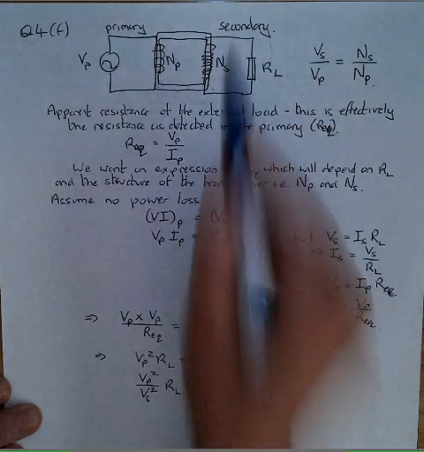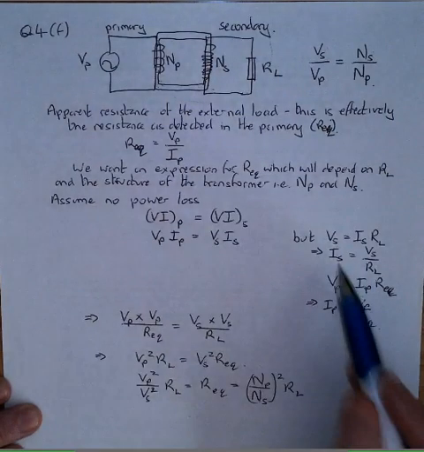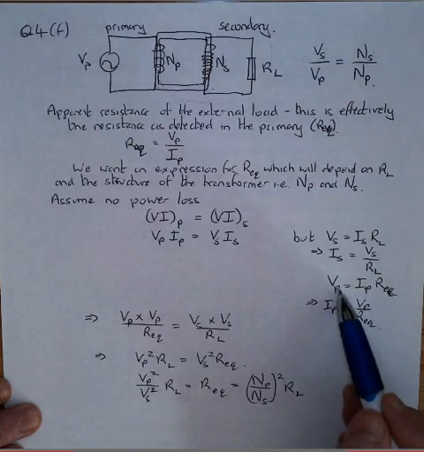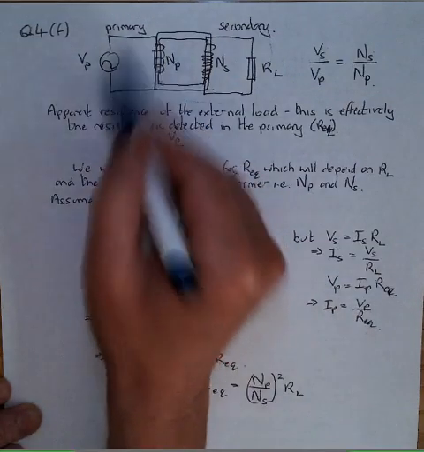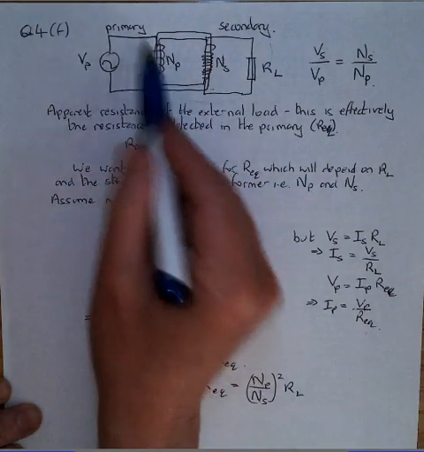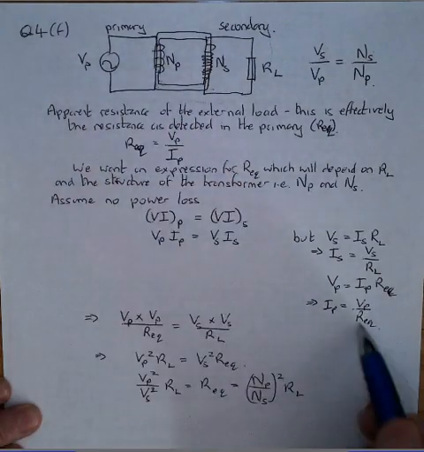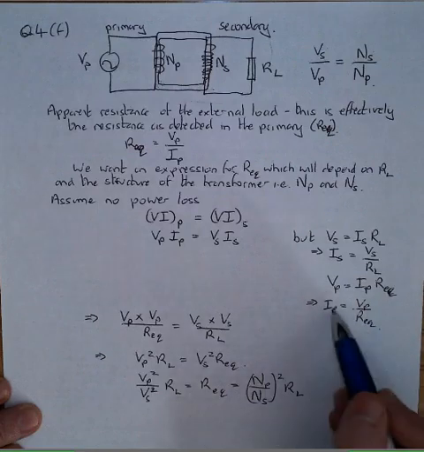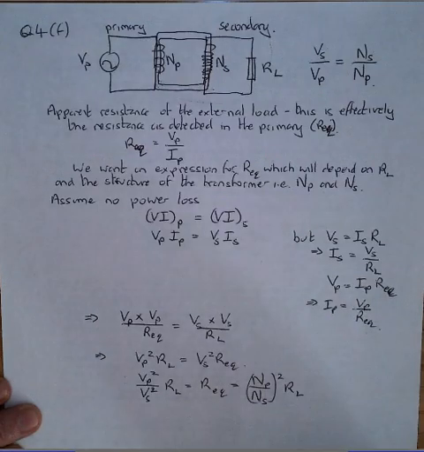This is Ohm's law applied to that circuit alone. And so Is is Vs over RL. Similarly, to work out Ip, we're applying it to this circuit here. Now remember, we're saying the equivalent resistance in this circuit is R equivalent. So we get Vp equals Ip R equivalent, so Ip equals Vp over R equivalent.